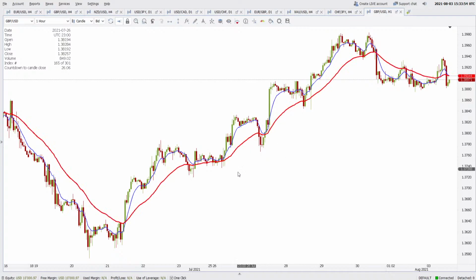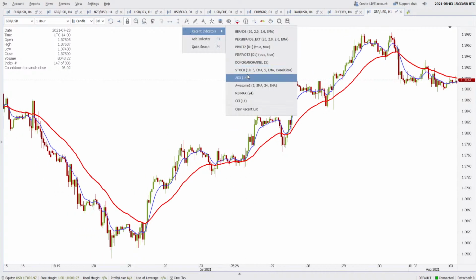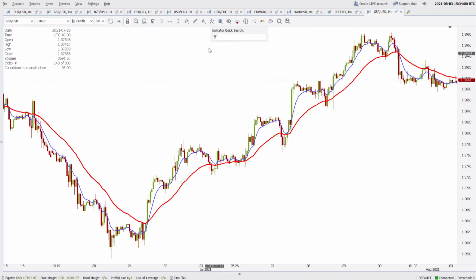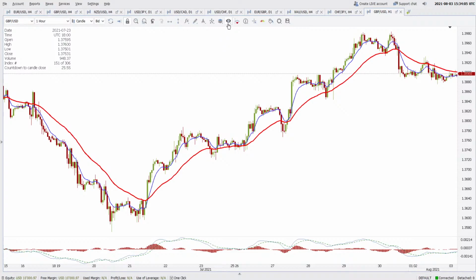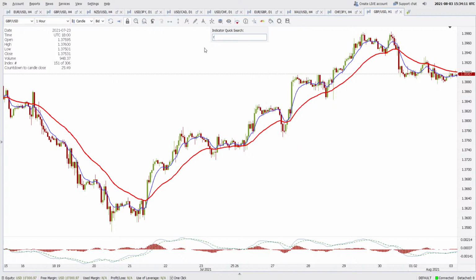All right, so these are two EMAs, and then you place one more indicator, that is MACD. Then you put one more indicator, that is RSI. I cannot even stop using RSI, but I will tell you why I need it.